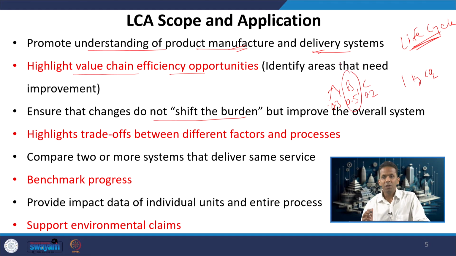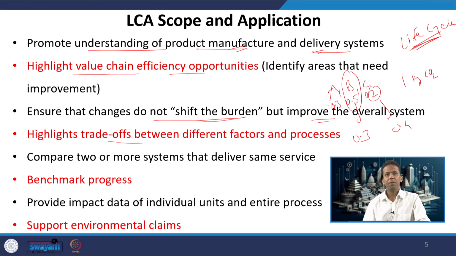So the solution can't be such that we reduce the emission of B to, let us say, 0.3, but while doing that, make C 0.4. We cannot shift the burden from one process to another within a system. That won't be recommended by LCA, and instead LCA focuses on improving the overall system. That is what is called shifting the burden.